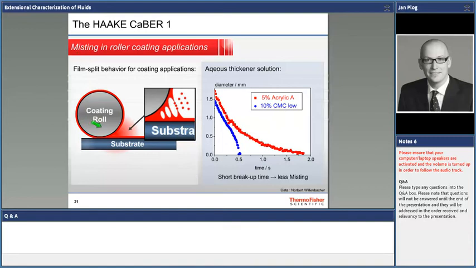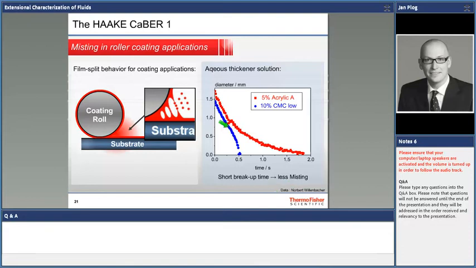You apply your coating via a roll on your whatsoever substrate, and the question now in that industry is, of course, how does my film actually tear apart? Okay, will there be filaments that form, neck, and then break up evenly, or will you have stringiness? Okay, and what you can see for roll coat applications when you do CABER experiments here, a set of data delivered by Professor Willenbacher that worked at BASF back in that time, now is a professor here in Karlsruhe at KIT.